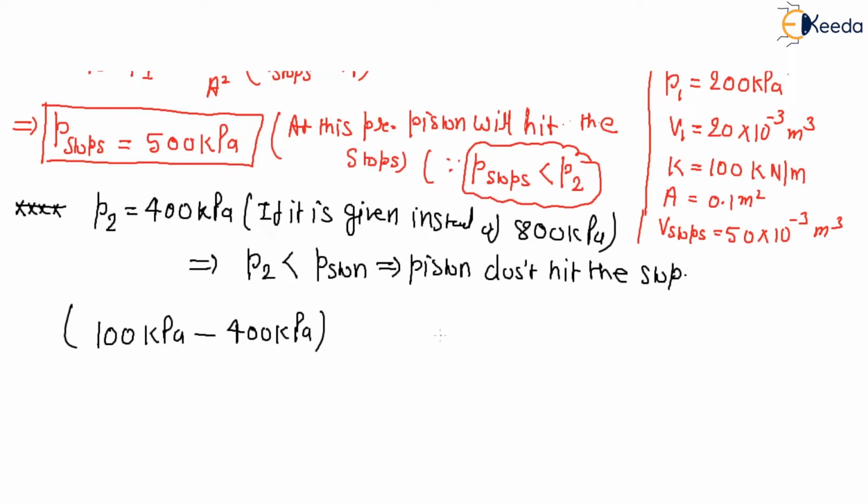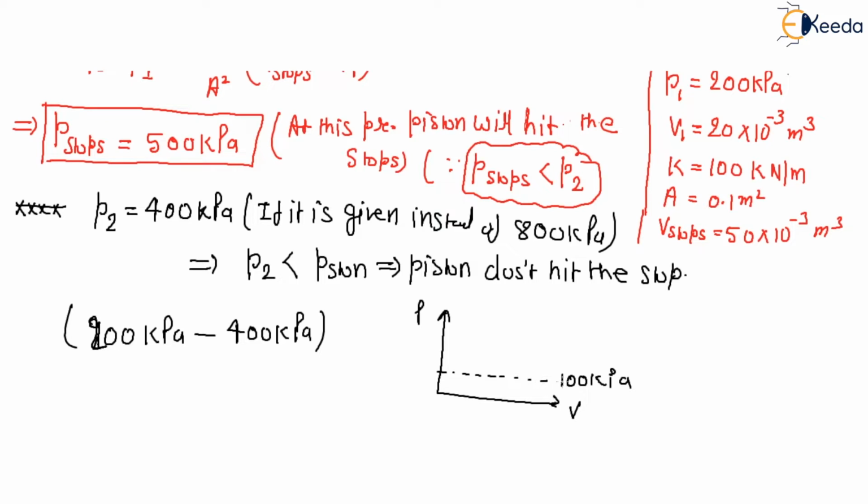So if you draw a PV diagram like that, P and V, this is your P1 pressure, 200 kilopascal is given.